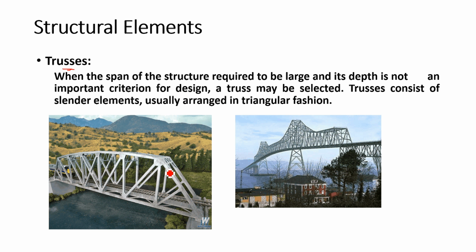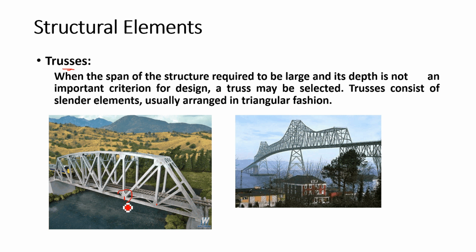But why we define it as a truss, the important part is that normally the load comes to the truss from the joints only. There is no other way. That means there is no other connection. You can see this is the usable part of the structure. From the usable part to the truss, there is no other connection here.